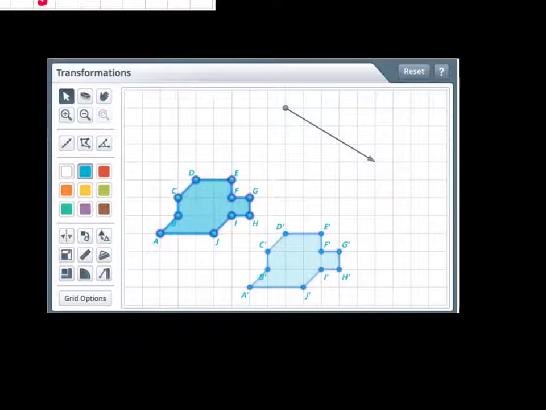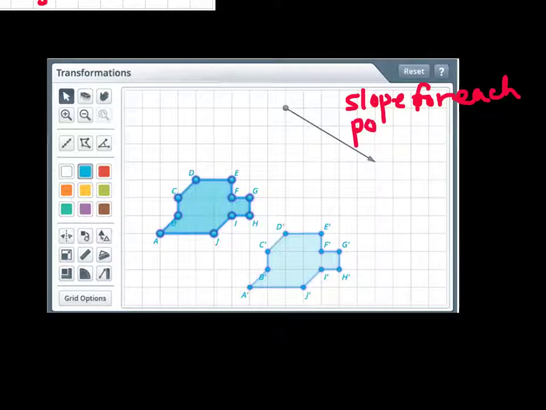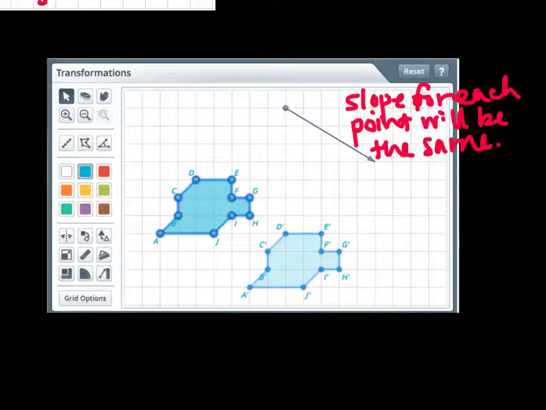So our slope for each point will be the same. So in this case, we have a slope of down 3 over 5. So if I were to do that, we would have a slope of negative 3/5 for every single one of my lines.